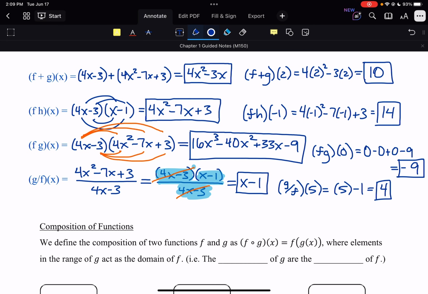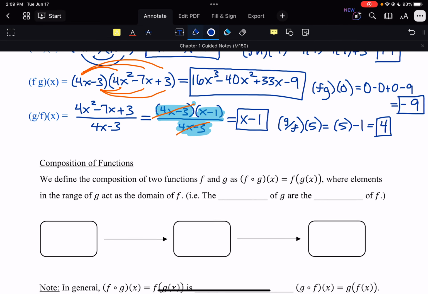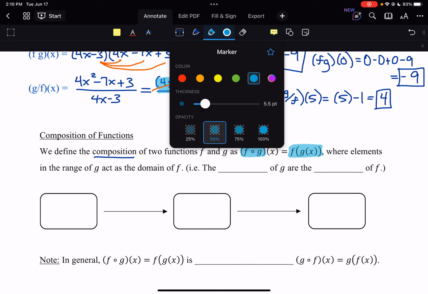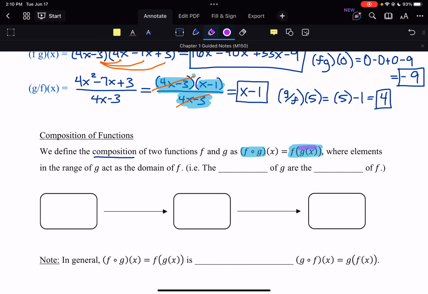We can also do what is called composing functions, or taking the composition of two functions. Taking the composition of two functions is denoted using this symbol, f of g, but it can also be written like this, where you have f as the outer function, and then g as the inner function.